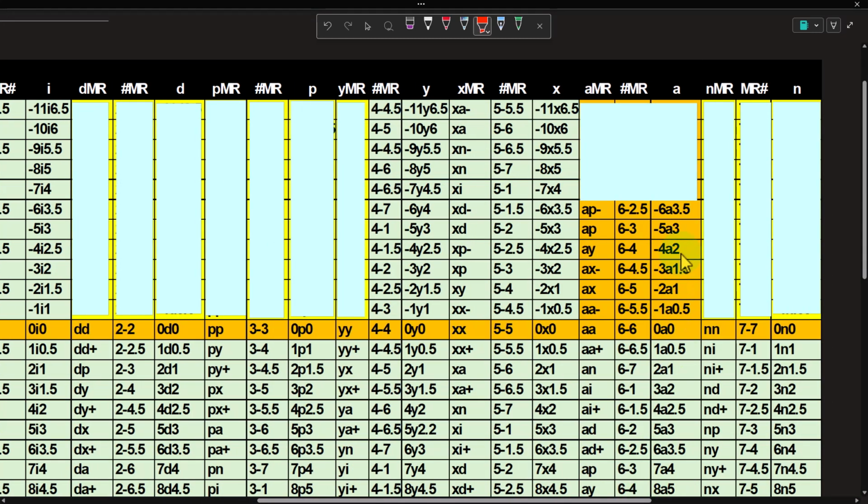I'd rather call it an AP negative modal range, a 6 to a 2.5 modal range, a counterclockwise 6-note distance from the Aeolian node, a -3.5 modal half step distance.